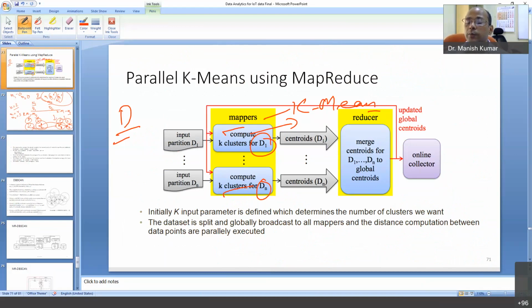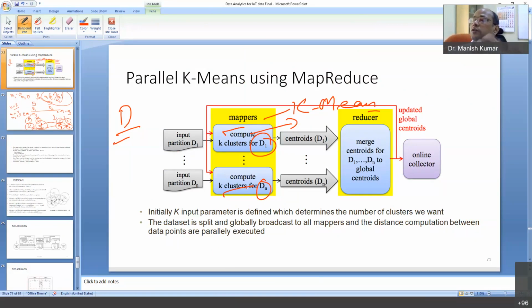The reason is very simple: when you reach the last iteration, where you stop executing k-means, there must be some criterion by which I can merge the clusters across the mappers. Since we are sharing the means in the intermediate iterations, in each iteration the mean becomes uniform for all the mappers.